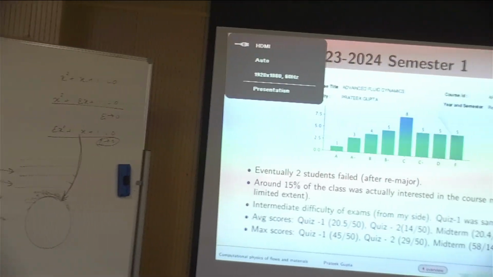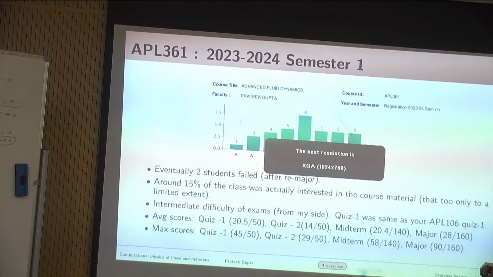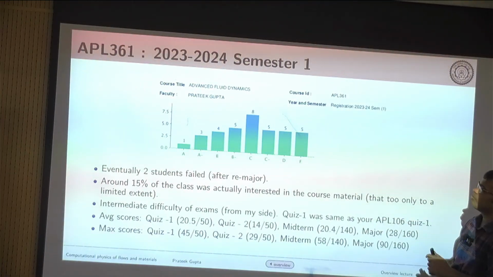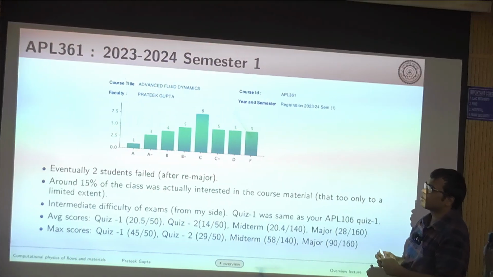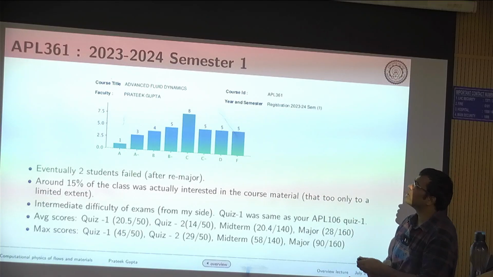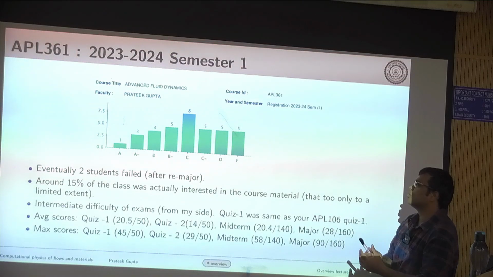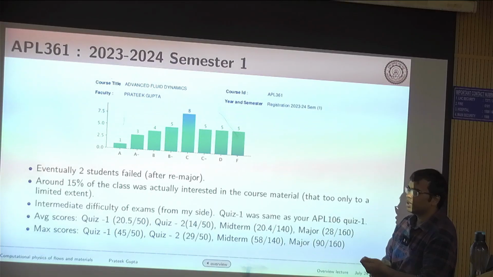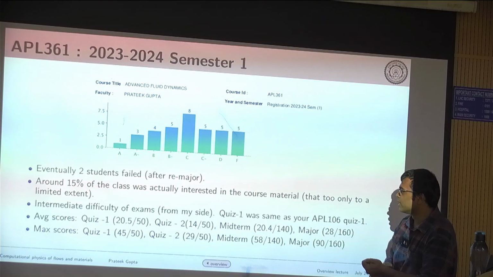It shows 5F, but 3 of those students actually did not attend the major. Once they appeared for the remeasure, 2 students ended up failing, and the usual story is that around 15% of the class was actually interested. And from my side, the difficulty of exams and quizzes was intermediate.